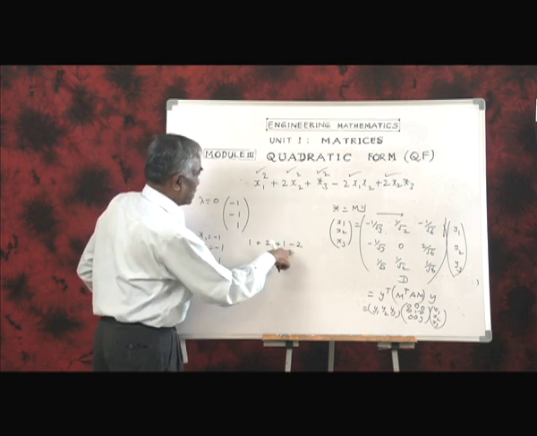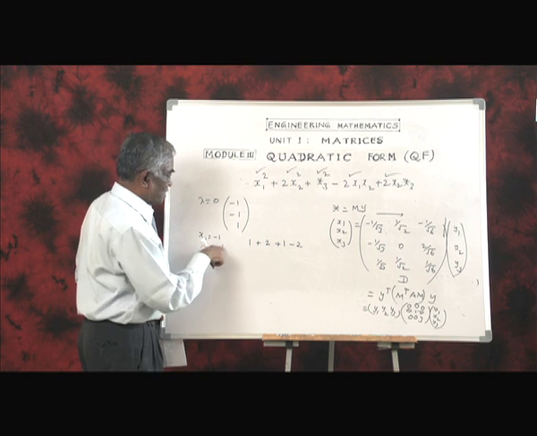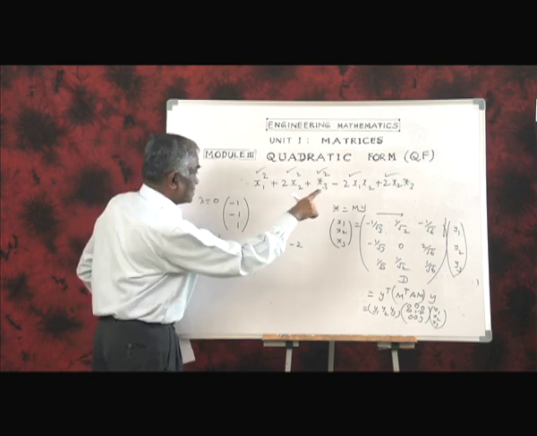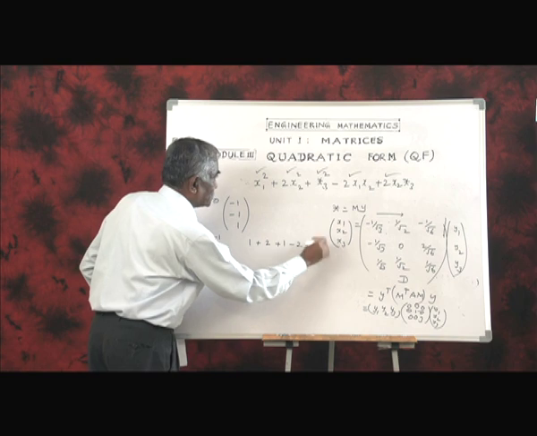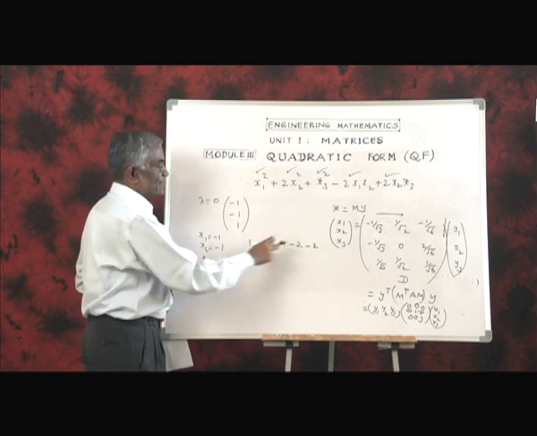In this case, minus 2 into this, correct. Then here x2 into x3, so plus 2 into this means another 2. Just check: 2 minus 2 minus 2 plus 2 ... that is, 2 into -1 minus 1 plus 1, that is equal to minus 2.